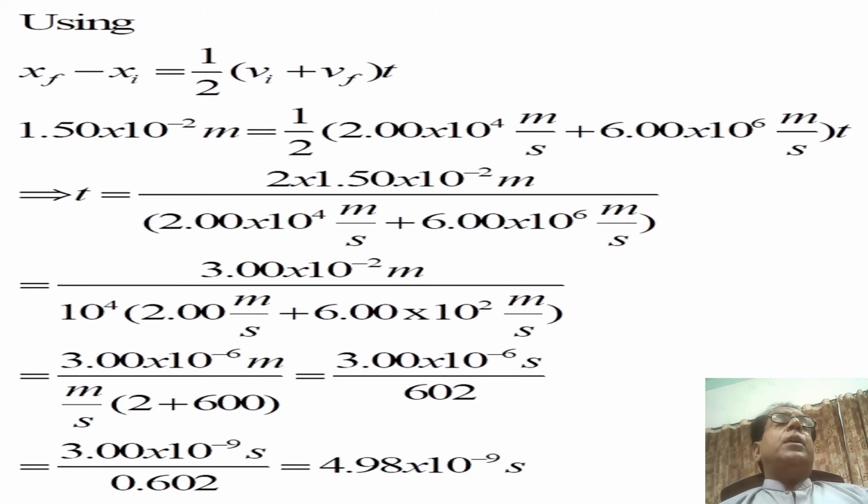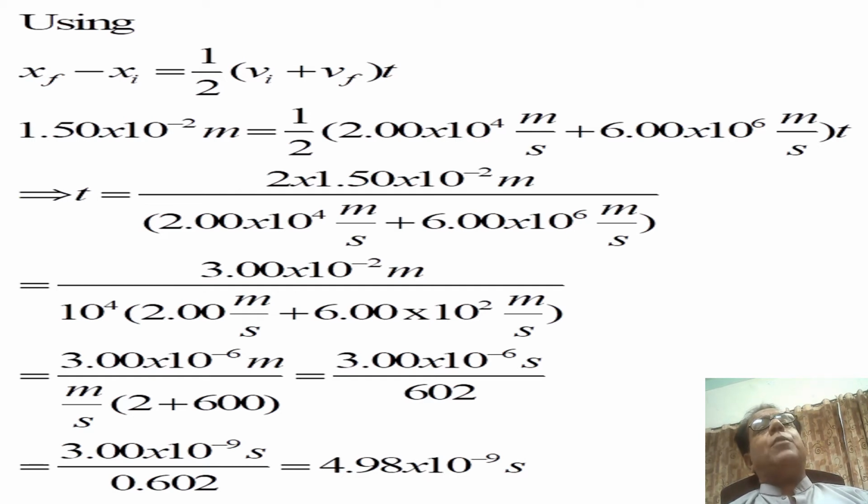Here in place of s we have used change in displacement xf minus xi, and in place of v we have used average velocity. We know that average velocity is equal to half of the addition of initial velocity and final velocity. So this is an alternate form of the equation s equal to Vt. Anyhow, we move further.